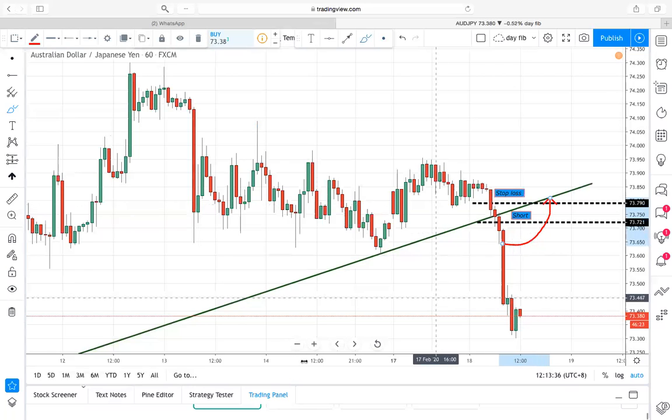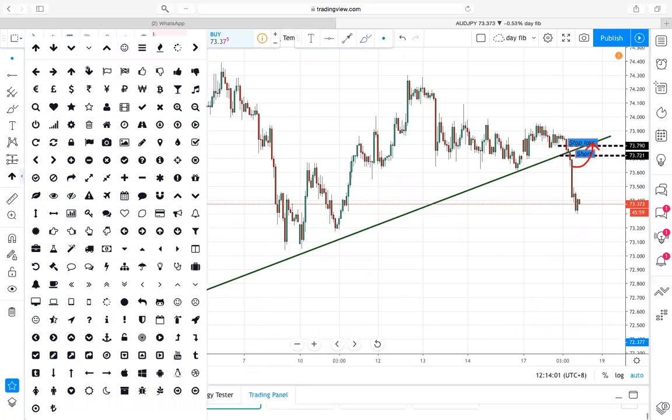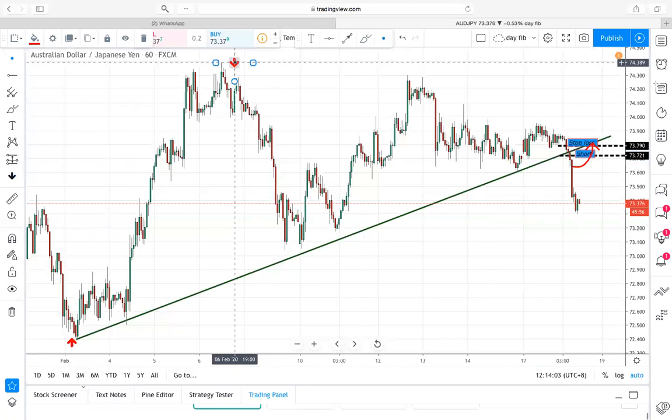Now, the answer lies in the trend line, again, right? If I were to plot it here in that sense, and I were to ask you this question, if I buy here, where would my profit target be? The answer is not here.